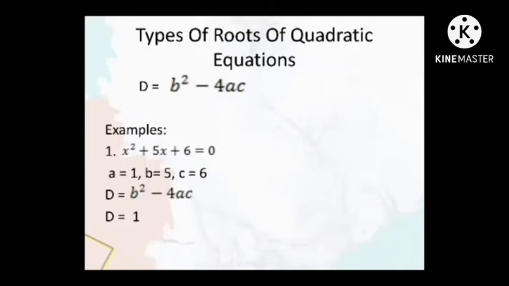The first example, we have the quadratic equation x squared plus 5x plus 6 equals 0. We have a equals 1, b equals 5, and c equals 6. After that, when we substitute the values of a, b, c into D, we have D equals 1.